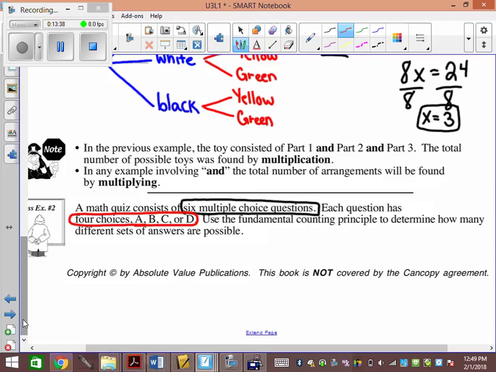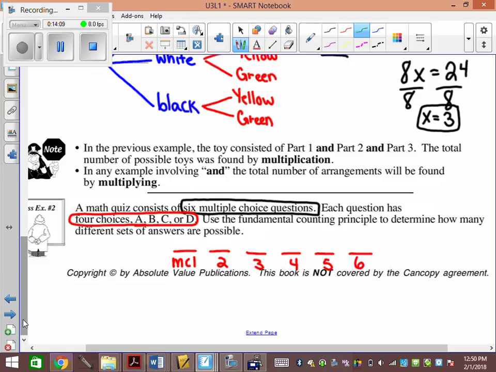So how many parts, not like multiple choice, numeric and written, but how many parts, like different questions, does this test have? 6. So how many blanks are we going to have? 6. Each question is a different part of the test, correct? So this would be multiple choice 1, 2, 3, 4, 5, 6.